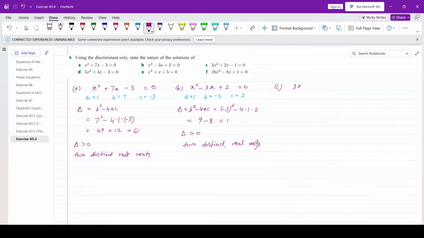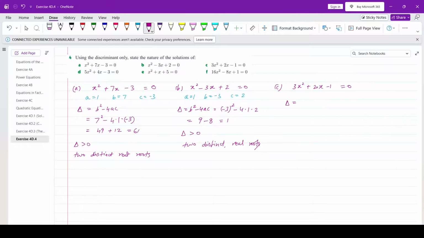c, 3x square plus 2x minus 1 is equal to 0. So now we won't write a, b and c separately. We'll use shortcut methods.